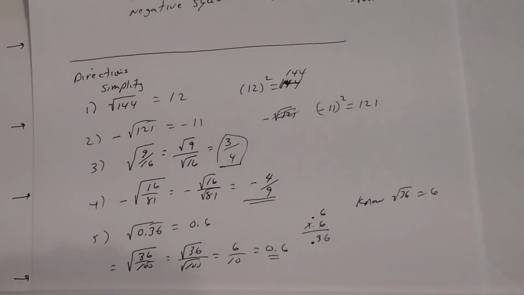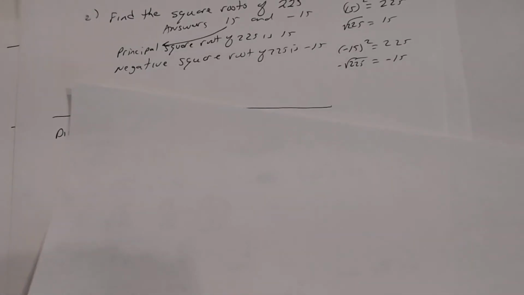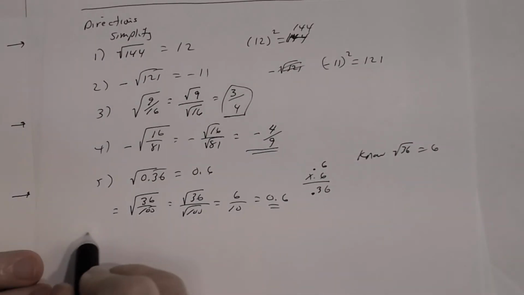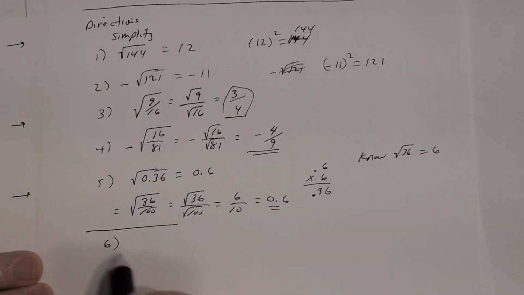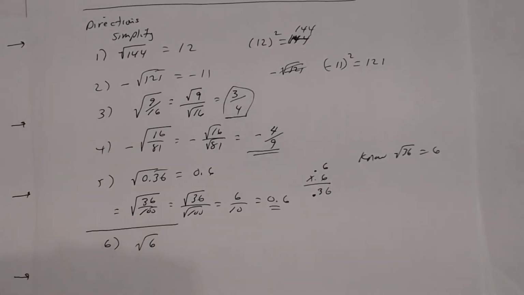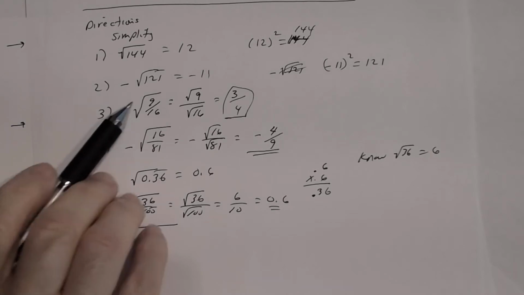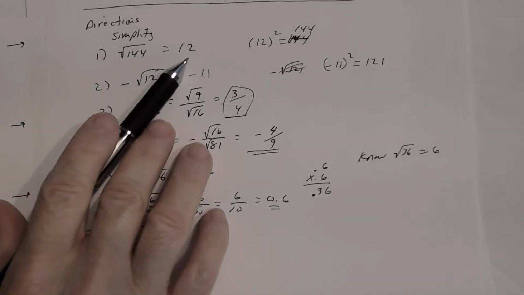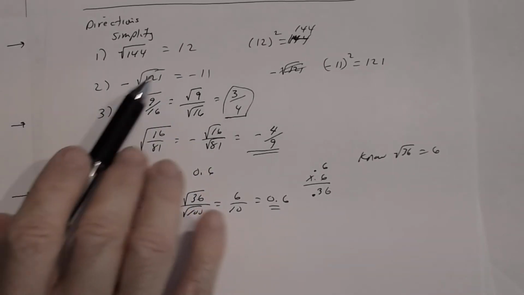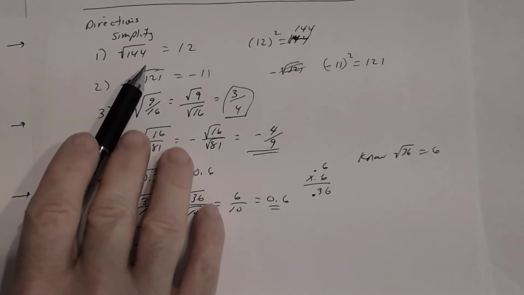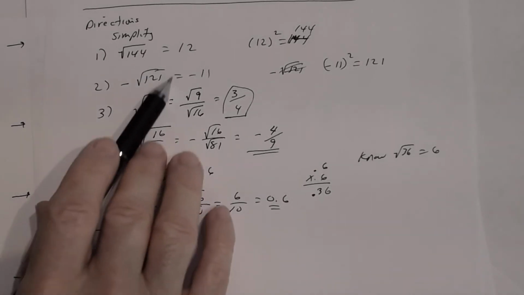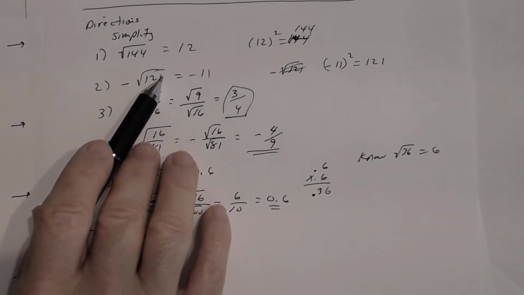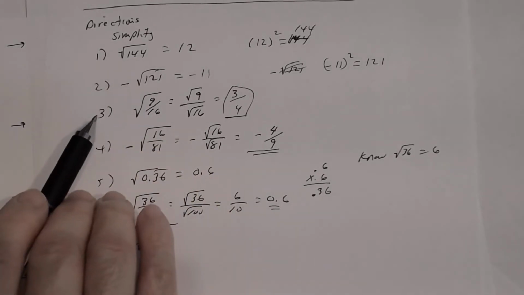Okay, so here's my next question. My next question for you, and I'm going to write it right here. Let's look at this one. What is the square root of 6? Okay, so I know that the square root of 144 is 12. I easily knew that because 12 times 12 is 144, right? And I knew that the square root of 121 is 11 because 11 times 11 is 121.